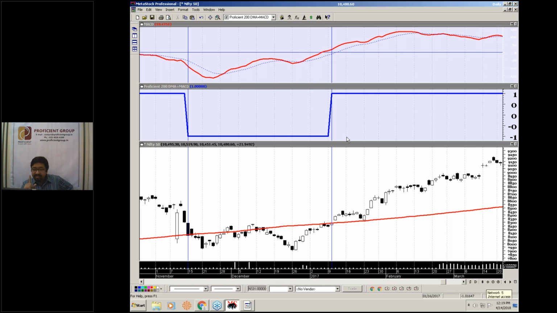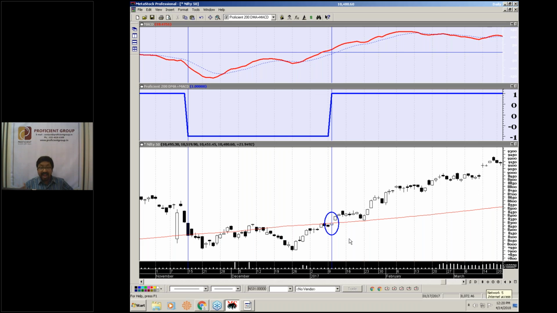What does it indicate? It is on this particular date that the condition of uptrend was satisfied. What was the condition of uptrend? The condition of uptrend was that prices will be above their 200-day moving average. On this particular day, prices were above their 200-day moving average.